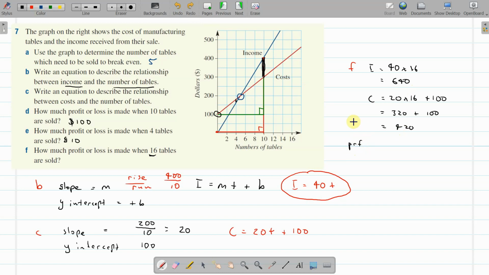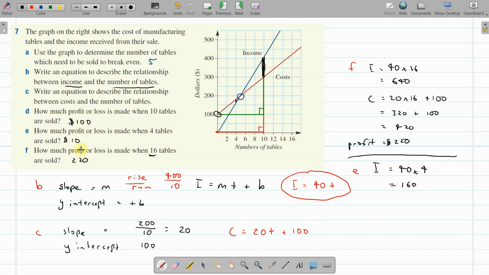Profit looks like that's 220. I'm just going to apply that little scenario to check on question E. 4 tables, okay? Income for 4 tables is 40 times 4, which is 160.